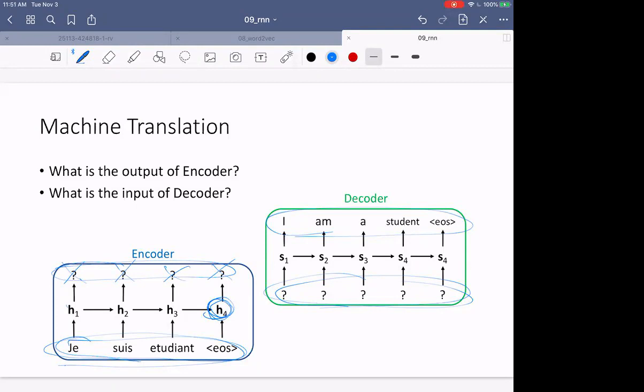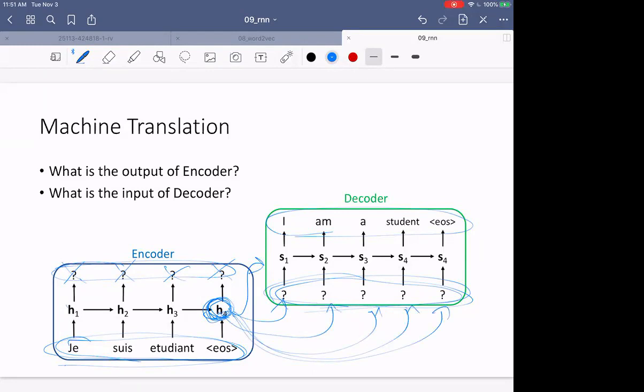Decoder, yes, you need to somehow inject H4, which is a representation of the French sentence, into the decoder. But at each time step, can you just copy paste H4 at each time step?